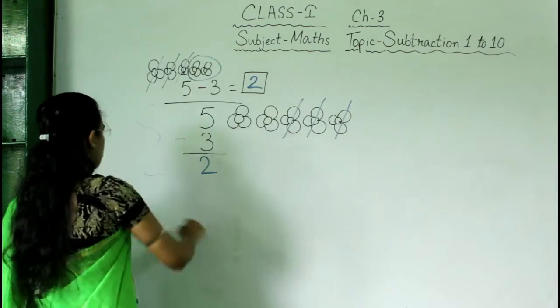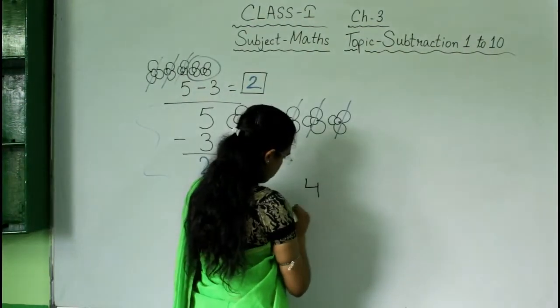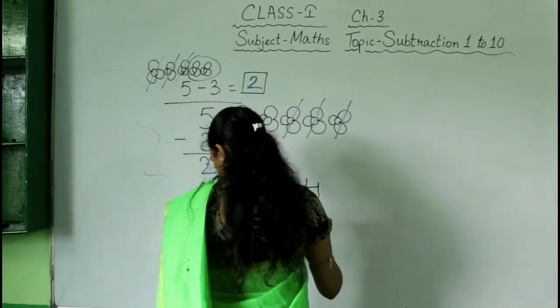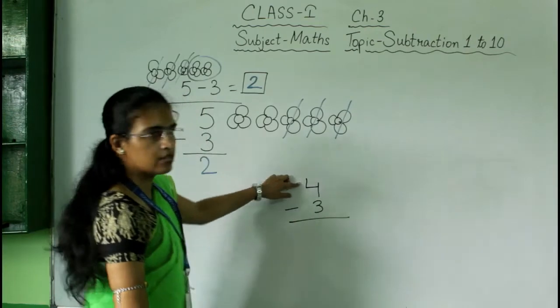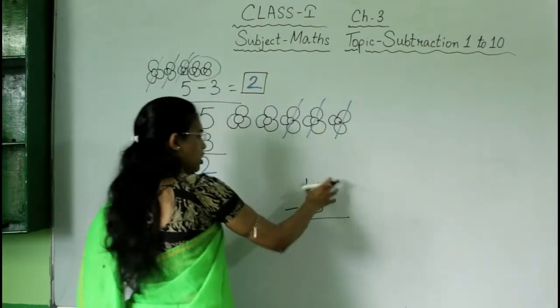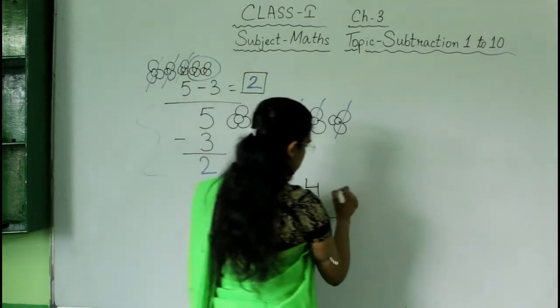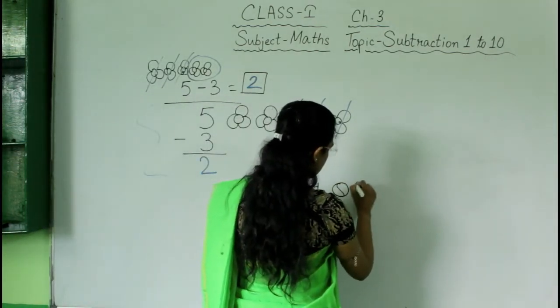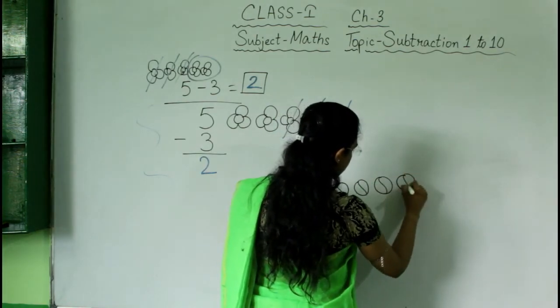Okay? Now we will do another sum. 4 minus 3. So which number is this? 4. So how many balls do we have to draw? Yes, we have to draw 4 balls. 1, 2, 3, 4.